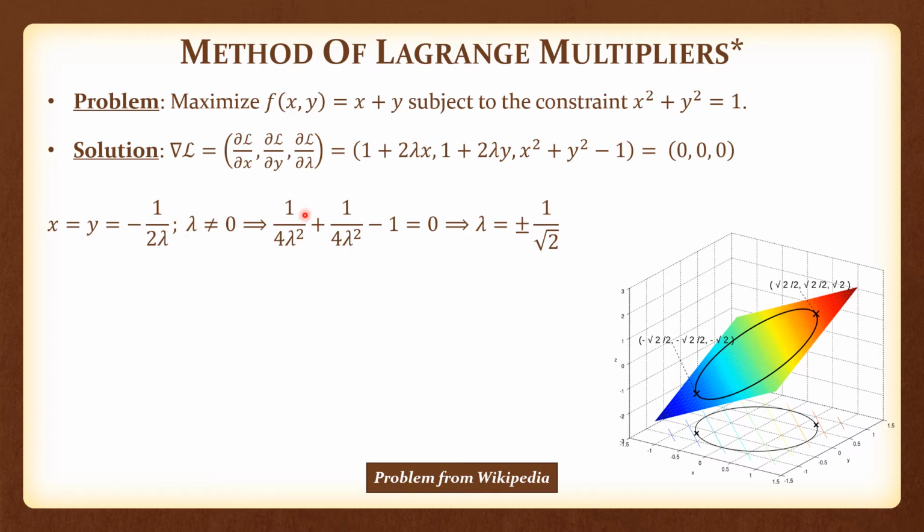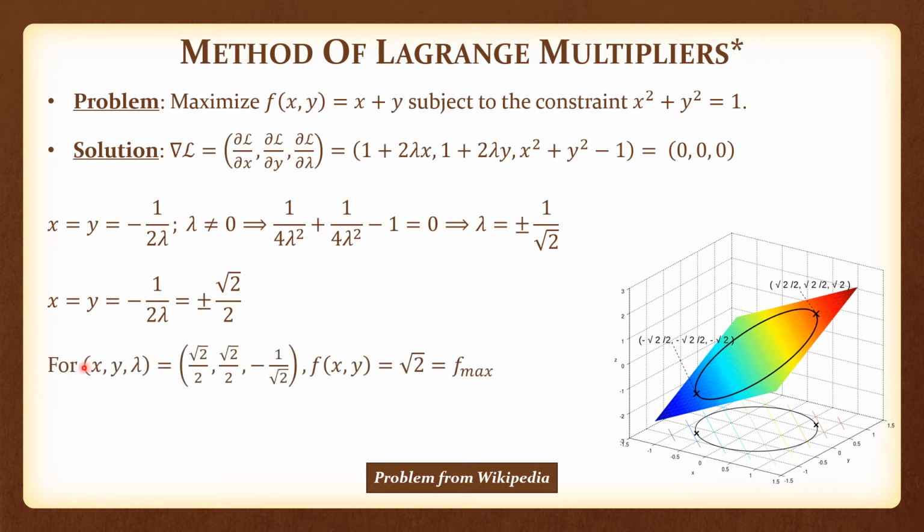To solve for what lambda is, use the third equation: 1 by 4 lambda squared plus 1 by 4 lambda squared is equal to 1, which gives lambda is either plus 1 by square root 2 or minus 1 by square root 2. If you substitute these values, then x and y are either plus square root 2 by 2 or minus square root 2 by 2, which are exactly these two points.